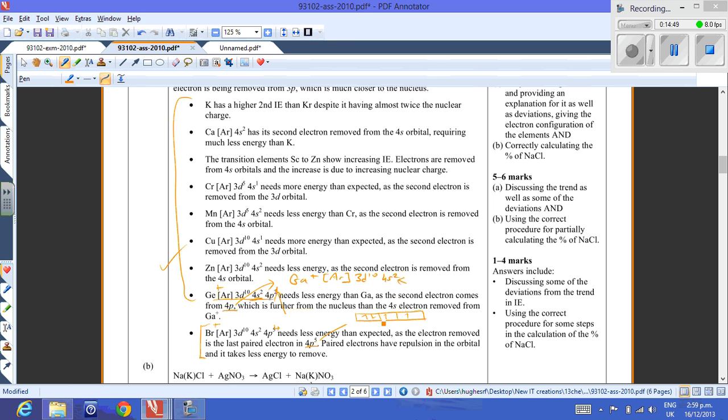So to remove this 1 electron here will actually be more energetically favorable, because you'll end up with a half-filled p orbital, which will just have 3 electrons in it like that, which is more stable, and that's why it takes surprisingly less energy to ionize Br+. So there is your comprehensive answer for question 2 part A. And question 2 part B, we'll do a separate video for that to explain that one.